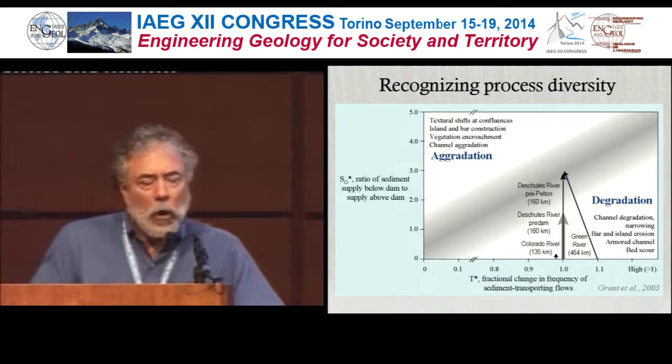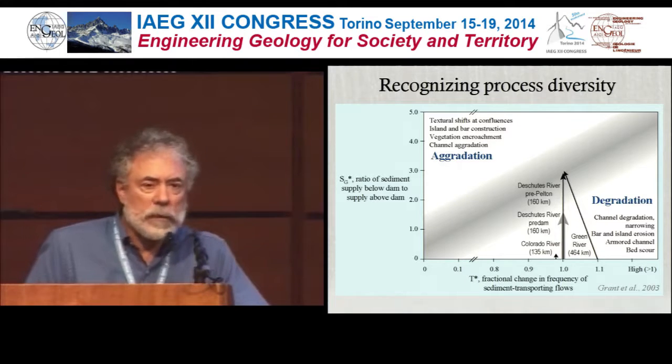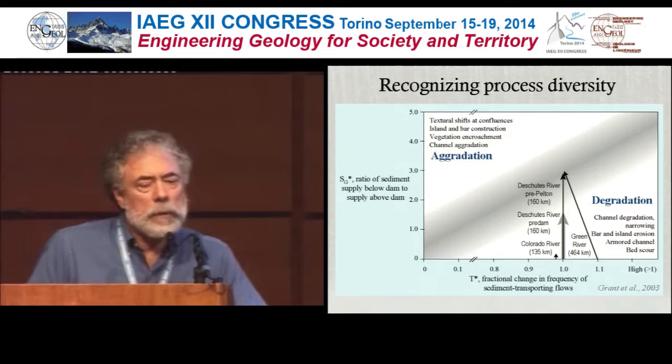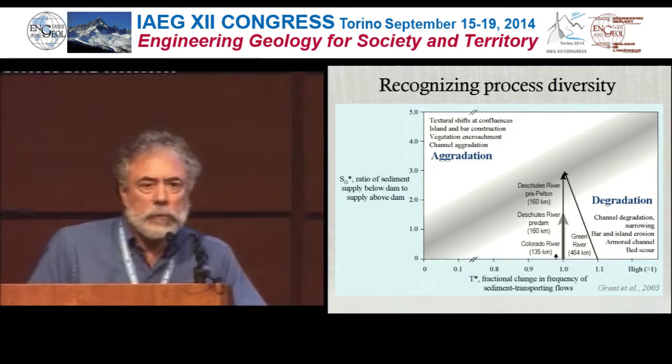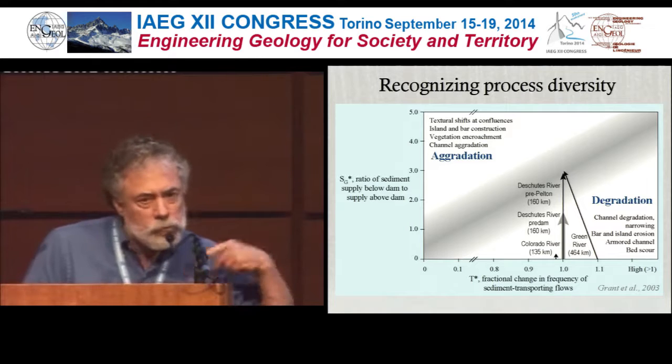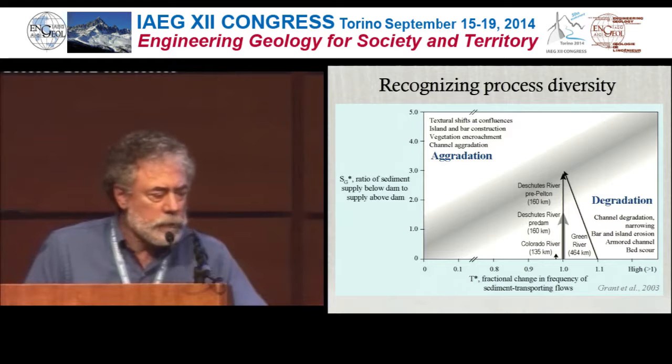And depending on where and how a dam fits into this geomorphic scheme defines whether, in fact, the bed below the dam will be subjected to aggradation or degradation, and that individual rivers will, in fact, experience trajectories of change as the water flows downstream from the dam.